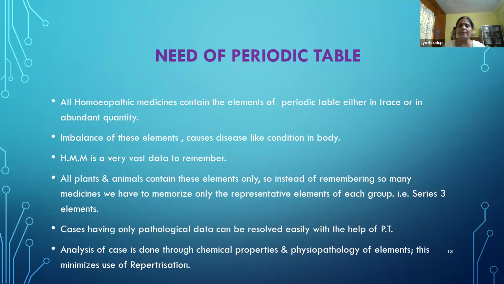So instead of remembering so many medicines, we have to memorize only the representative elements of each group, for example the series 3 elements, which we are going to discuss. Cases having only pathological data can be resolved easily with the help of the periodic table. See, this is a wonderful thing happening after understanding the periodic table.